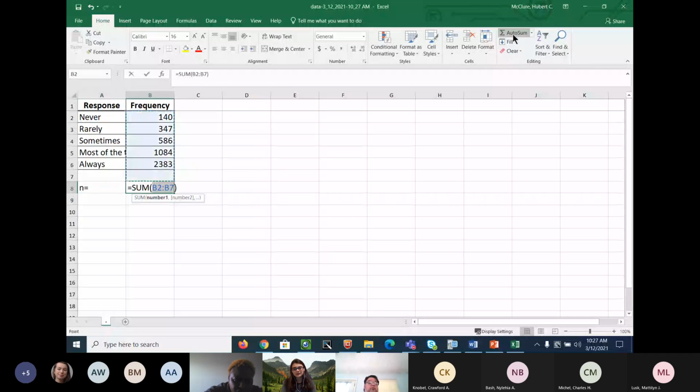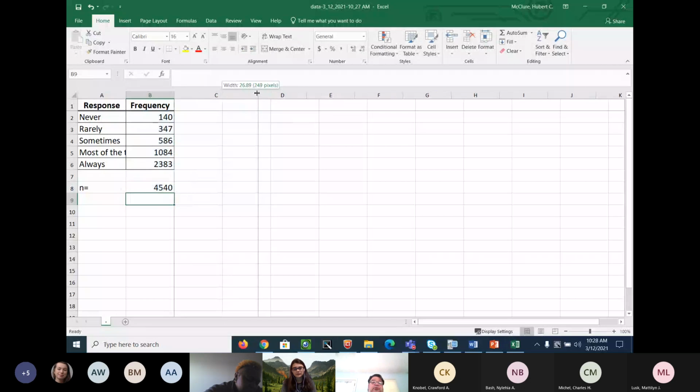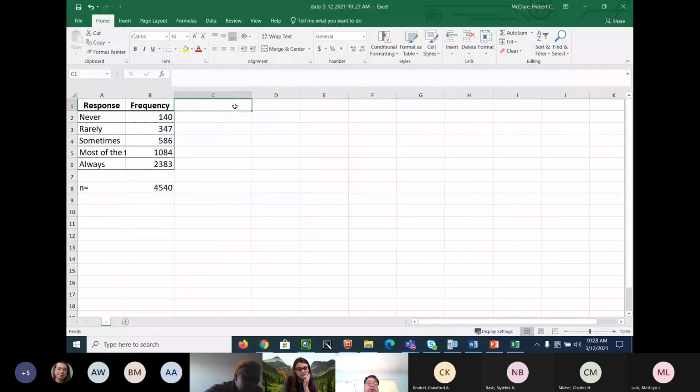Then the relative frequency, which means your probability, is equal to this number divided by this number.